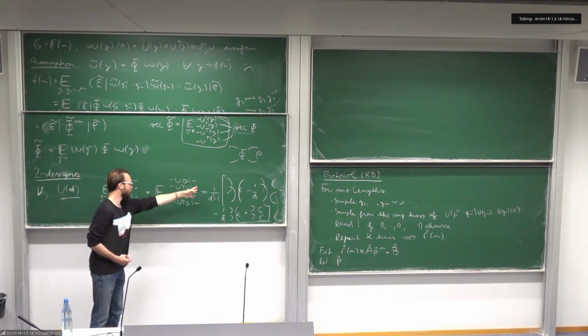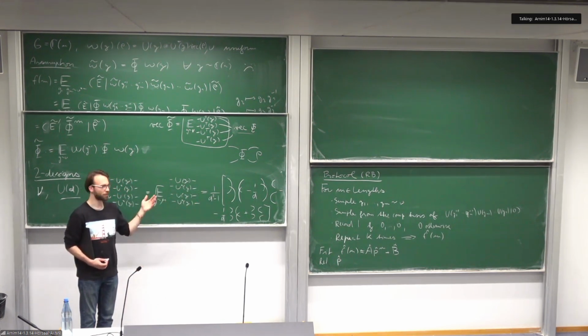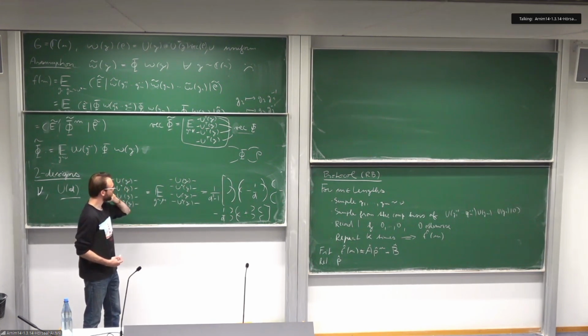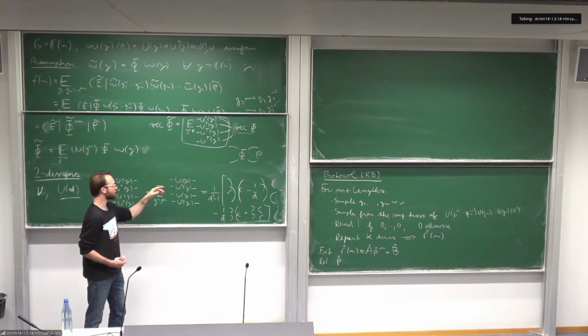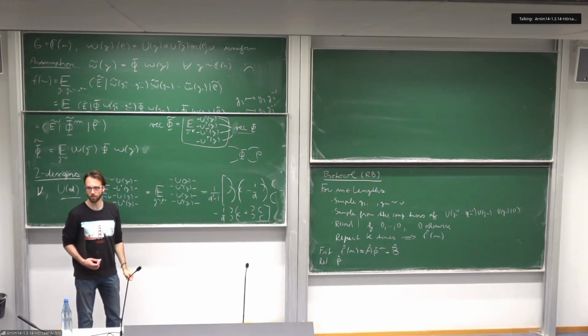Then you can take the square, and because it's invariant, you multiply and get the same thing. So it's a projector, and the rank of the projector is the number of irreducible representations of this representation.